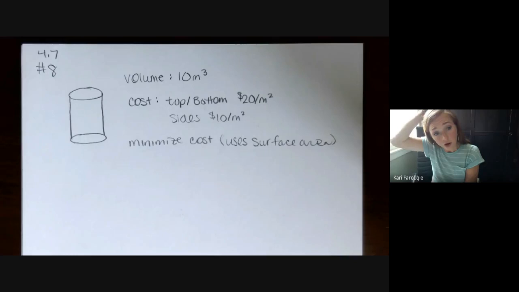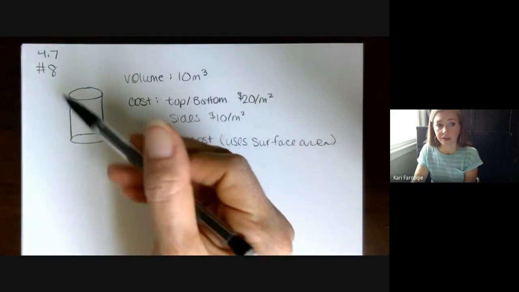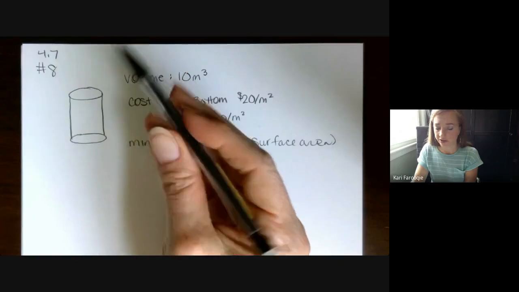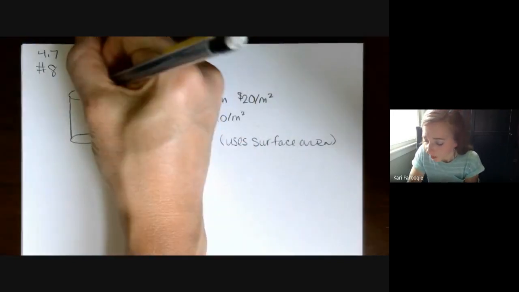First, we can write an equation for the volume. I gave you an equation the other day for the volume of a cylinder. And when we did a cylinder problem in class that was very similar to this, we had hemispheres on the ends of the cylinder. This time we just have a cylinder. I know the way I drew it, it looks kind of like we have hemispheres on there, but we don't.